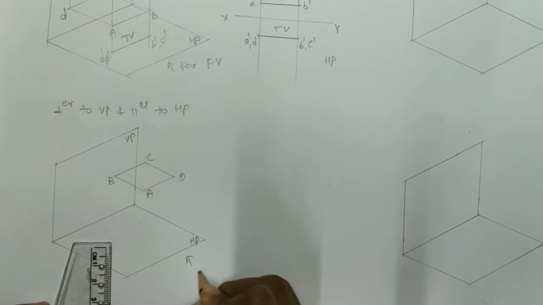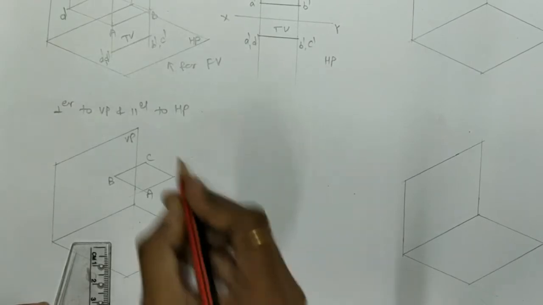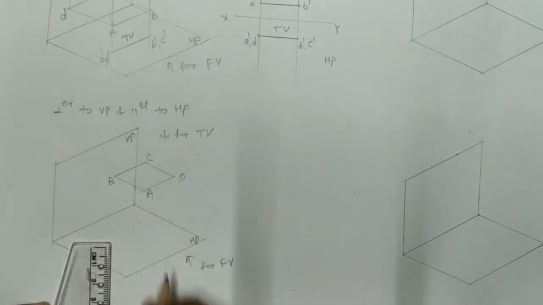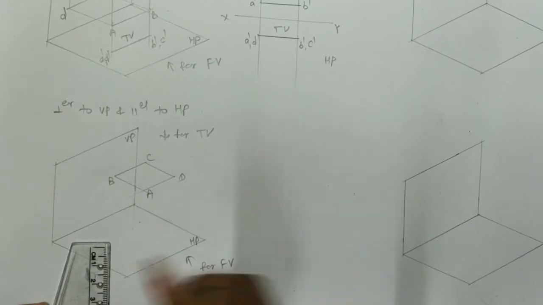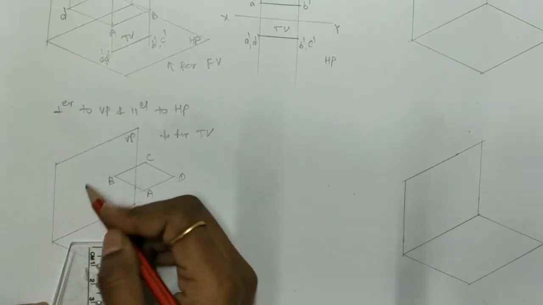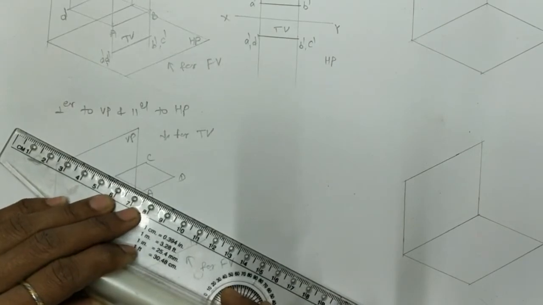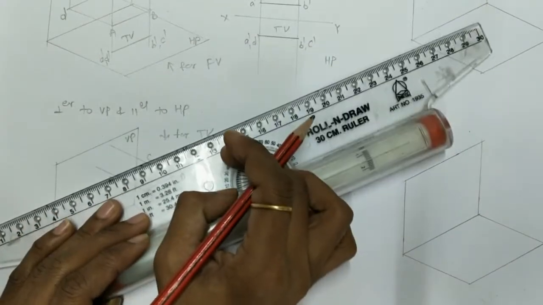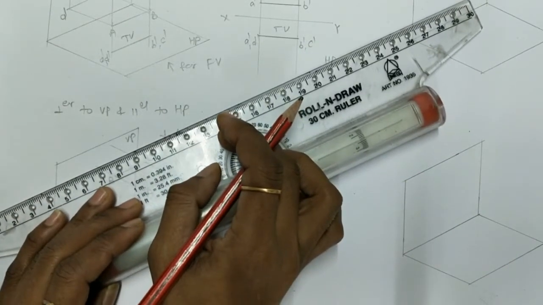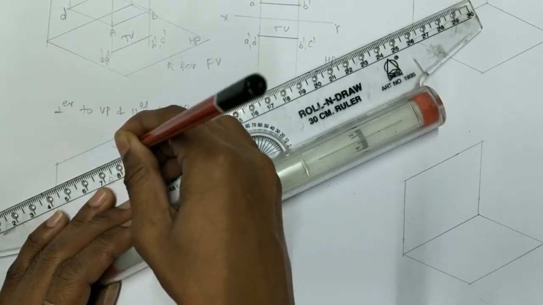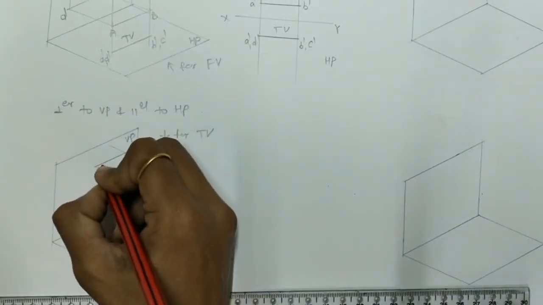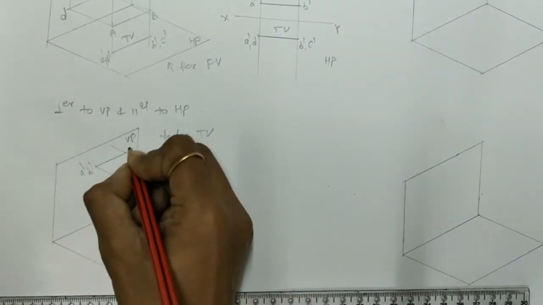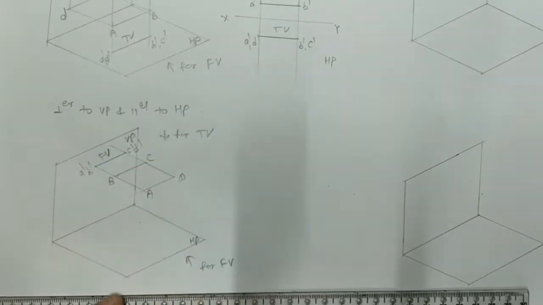Now this is the direction for front view, and for top view observer will look from top. So when we see from this direction for front view, only a line will appear. So front view will be a line. Here point A dash, B dash and C dash, D dash. This is front view.